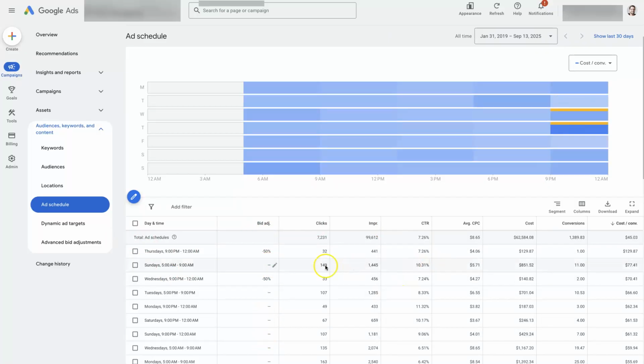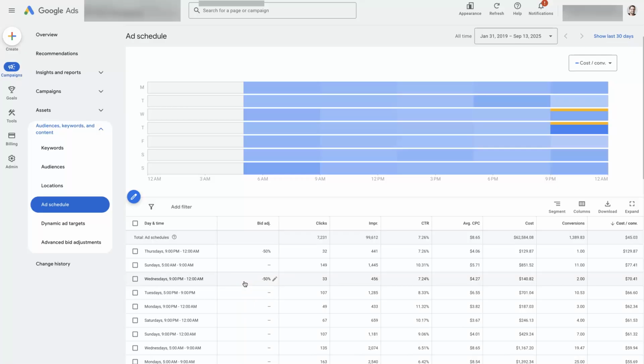This is a great example because, if I'm remembering correctly, this time frame was performing the same as this time frame. They each had like one conversion and were costing about $130 per conversion or something like that. Then when we added in this bid adjustment, we basically told Google Ads, hey, we're still willing to get clicks during this time frame on our ads, so long as you pay about half as much per click as you normally would.